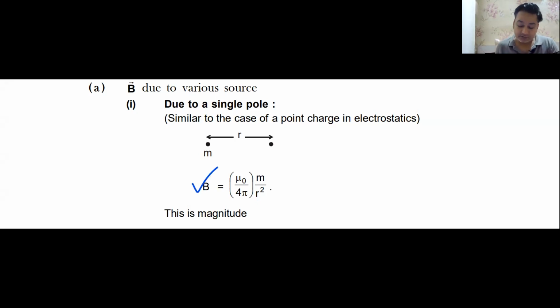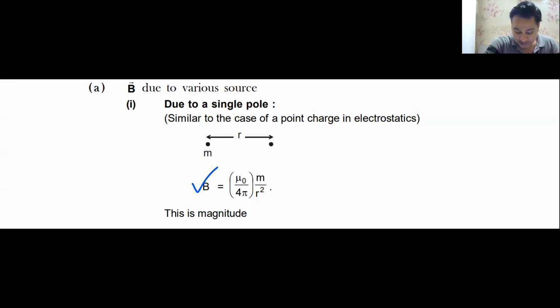This is the field due to a single magnetic pole. Do you know this? mu naught by 4 pi into m by r square. This is same as electric field due to a point charge, k q by r square, where k is 1 by 4 pi epsilon naught. Wherever epsilon naught comes in the denominator, mu naught will come in the numerator. We all know this, yes or no?